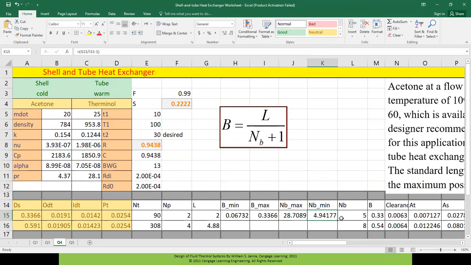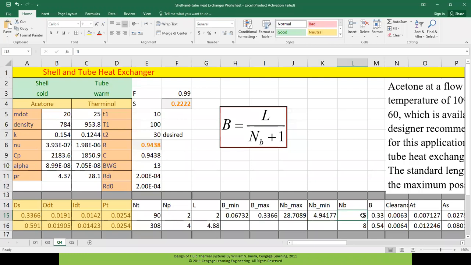Okay. Clear? So you can choose the number of baffles in between the two, either 4.95 to 28. But of course, you will choose the integer because it's a baffle, it cannot be in fraction. So from 5 to 28, you can choose any number of baffles.